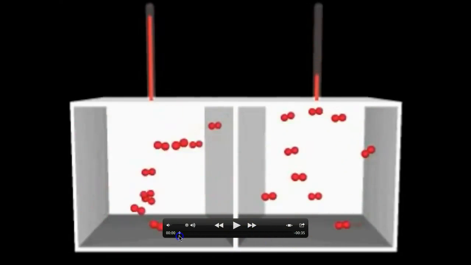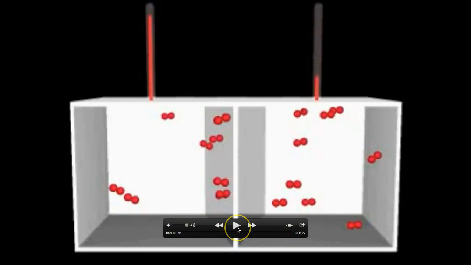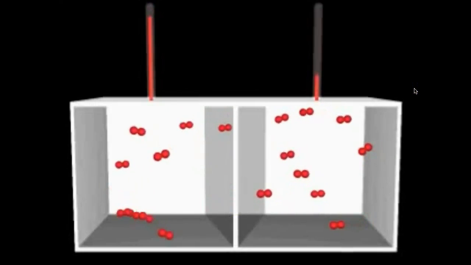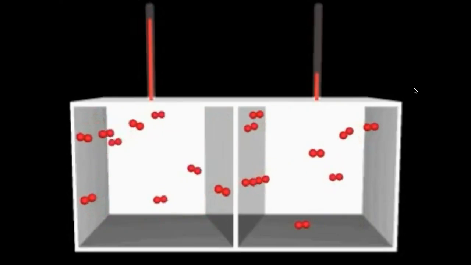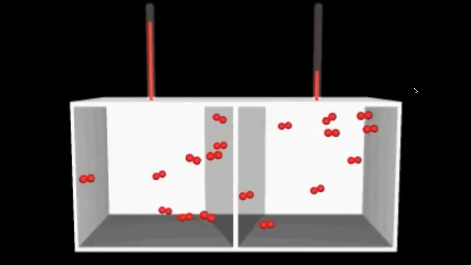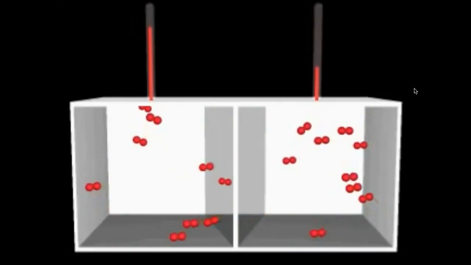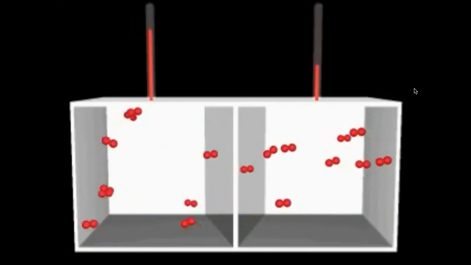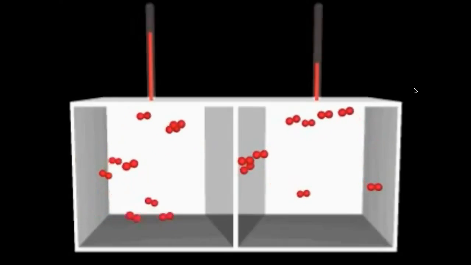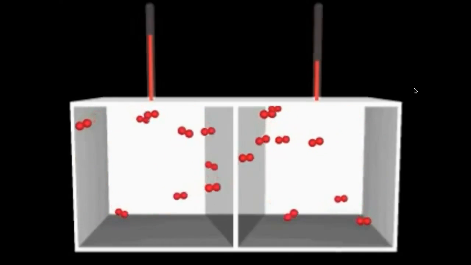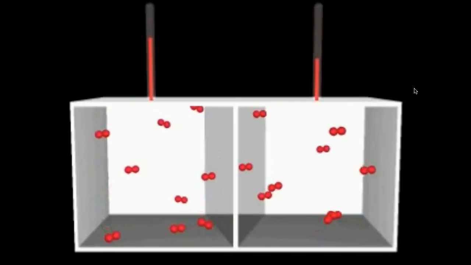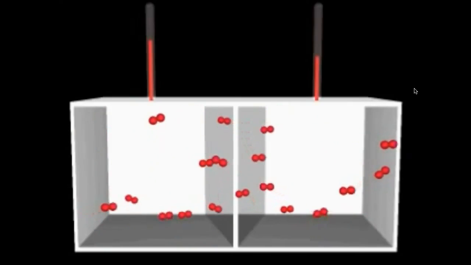So this is an example of what's happening in thermal diffusion at a molecular level. Let's play it one more time so we can see it. Hot is on the left, cool is on the right, and you can see gradually over time, heat, which is the transfer of thermal energy, is going from hot to cold because, on average, the molecules on the left are going to be colliding more than those on the right.